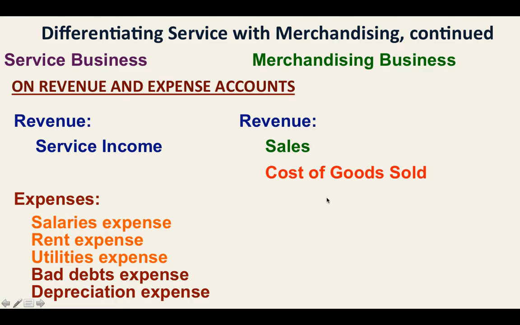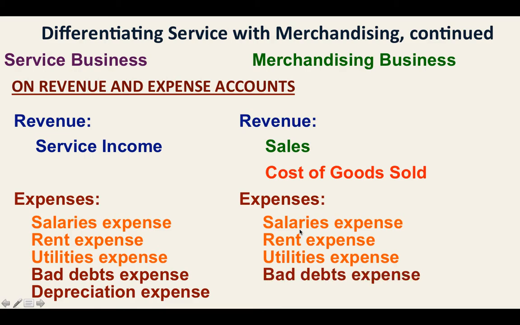The cost of goods sold is the cost of the items that we are selling. Okay, so we need to deduct the cost of goods sold from our sales. And on expenses, it's basically the same. There will be no change.